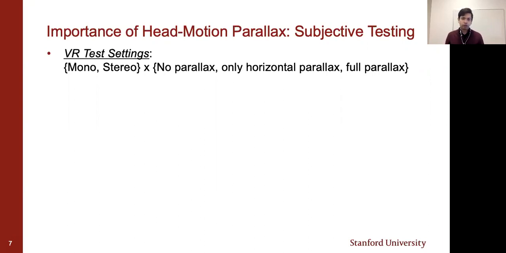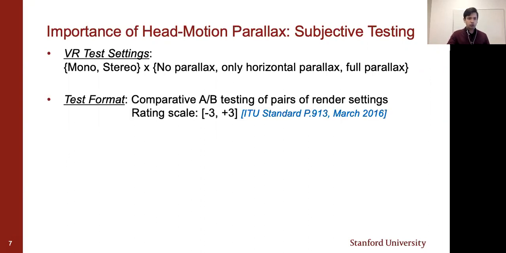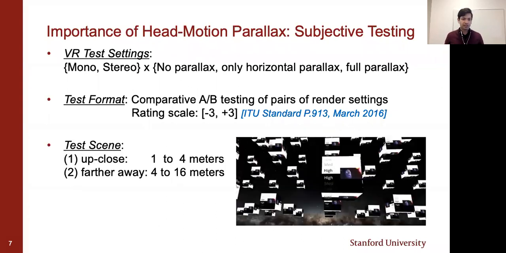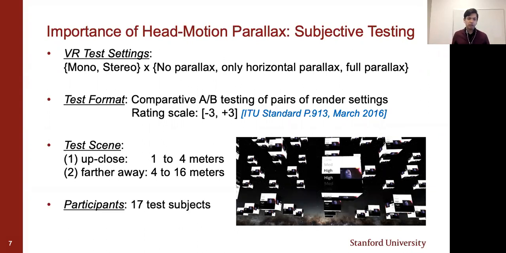And the third was full or unrestricted head motion parallax. The viewers were shown pairs of these stimuli or render settings, and within each pair, they had to rate these settings relative to each other on a 7-point scale from -3 to +3. We used 2 versions of a test scene, one with scene objects much closer to the viewer, and another one with scene objects much farther away. And we had 17 participants in this study.